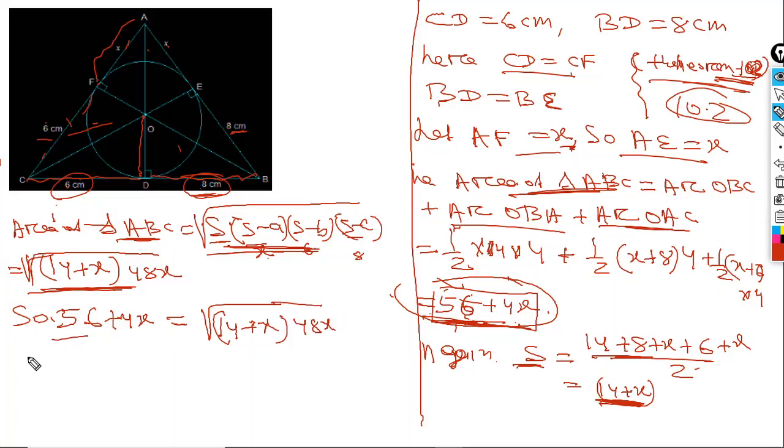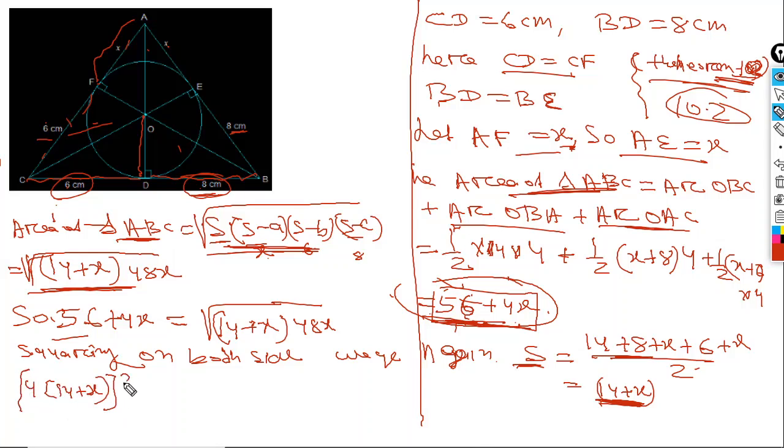Now squaring on both sides, here you can take 4 common first: 4 into 14 plus x, whole square, will be equal to 14 plus x into 48x, as the root is eliminated.